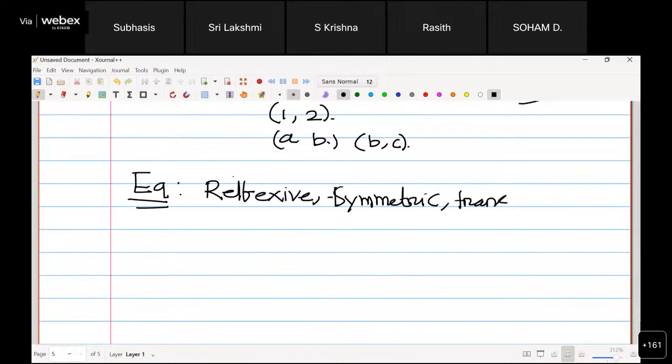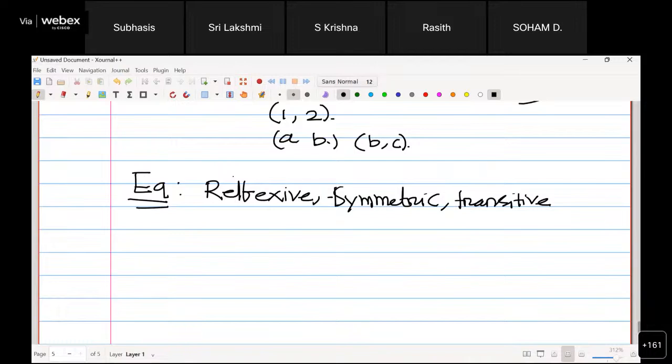Since you know all the things now, you can check: if a relation is reflexive as well as symmetric as well as transitive, then this relation is an equivalence relation.